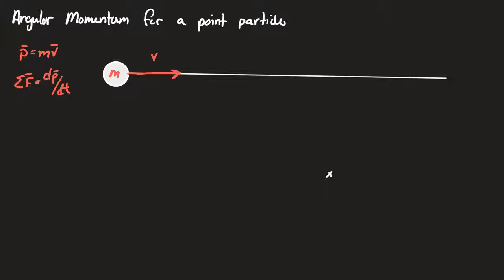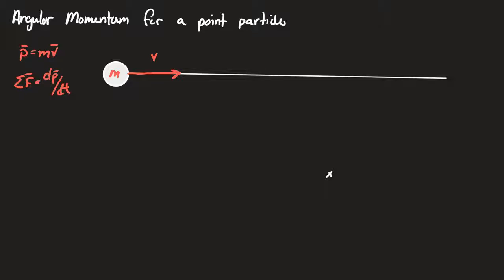Now, this is a hard idea, but it's an easy implementation. But the first thing you have to note is that a single object has a different angular momentum depending on the observable point, or the point of rotation, or the point of reference.